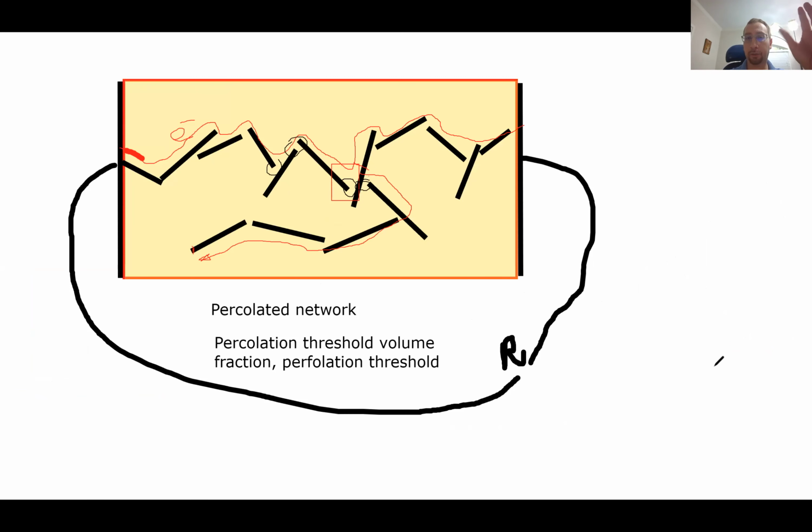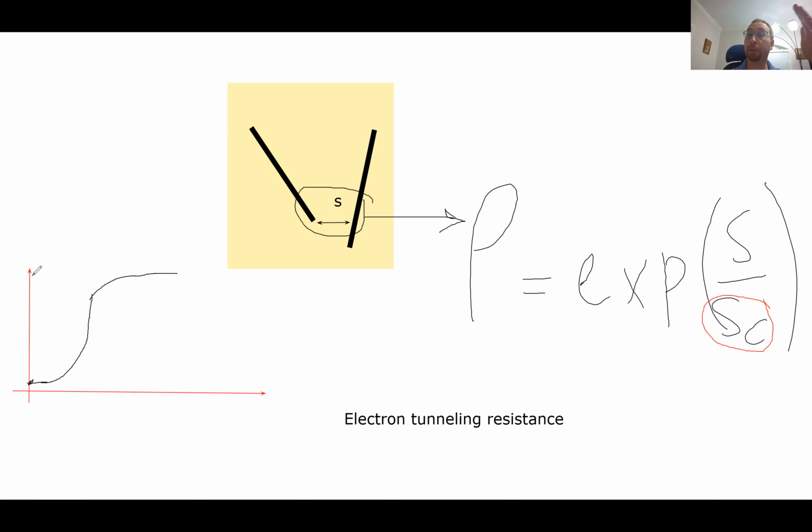After that, conductivity still goes up as you increase volume fraction, but the rate of growth decreases substantially because this effect has saturated.